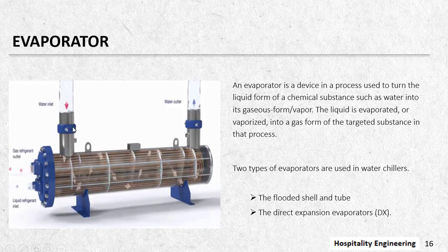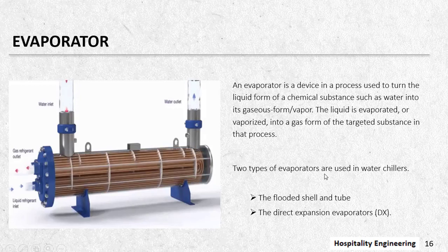Similarly, the 12 degree chilled water gets cooled. It becomes 6 degrees, which is required for the supply chilled water, and goes to the water outlet. This is a simple evaporator function.